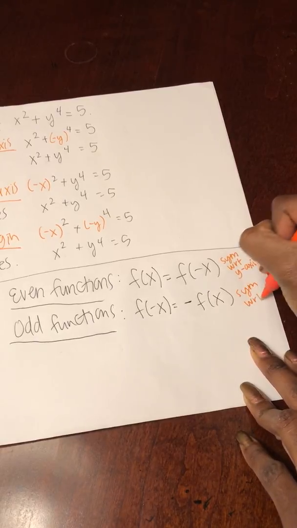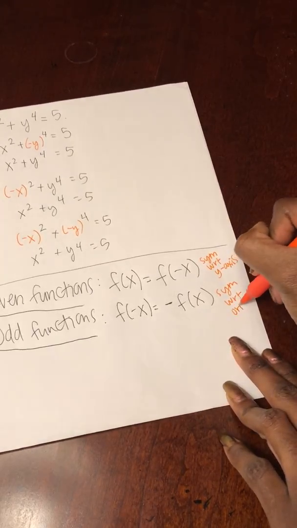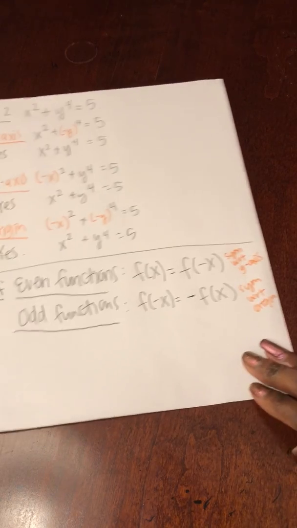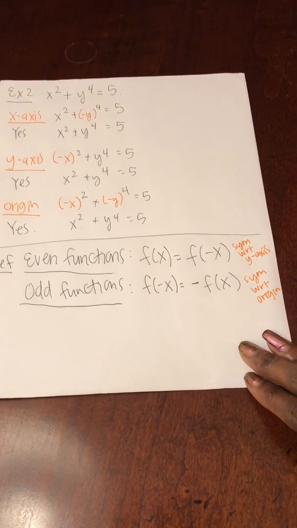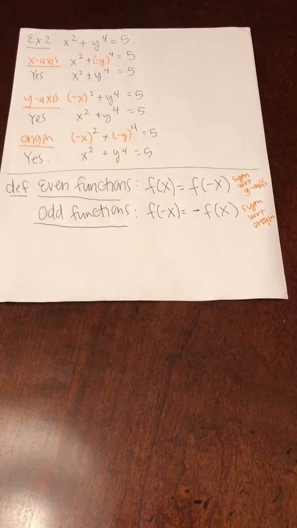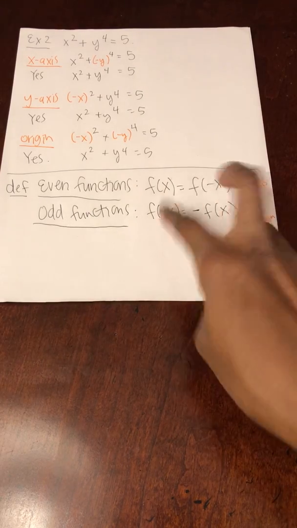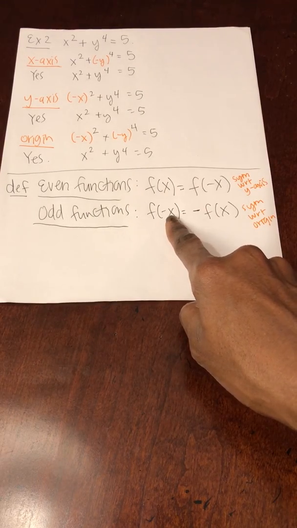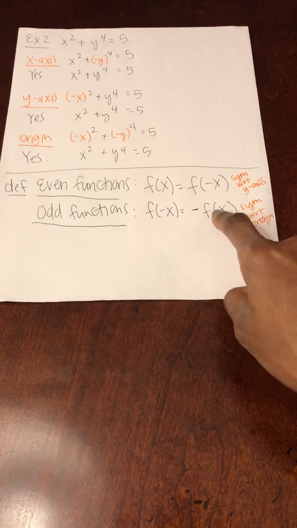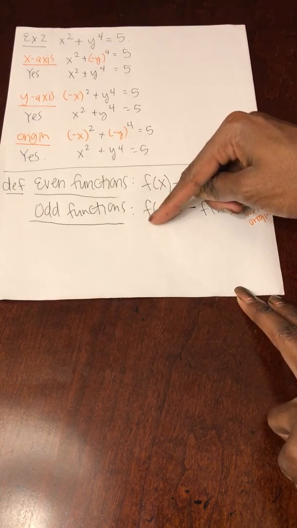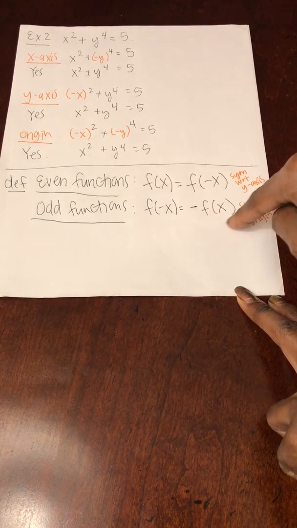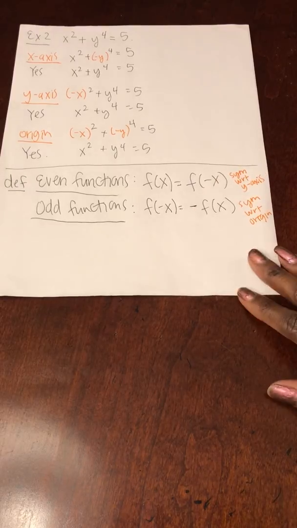All right, so those are our two definitions, even and odd. So for even, think about respect with the y-axis. You change your x to negative x. And for the odd, it's going to be a little mixture of both, right? So when our x is negative, it becomes positive. And when our y, which is f of x, is positive, then the y over here becomes negative, okay?